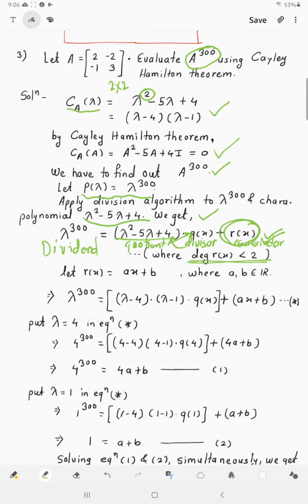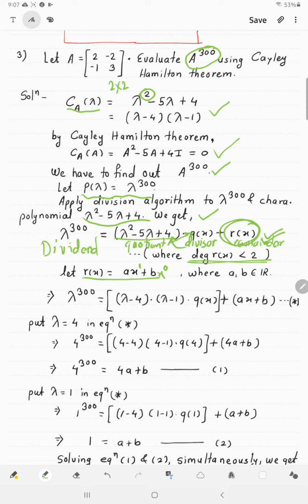As here the matrix is of 2 by 2 order, the degree of R of x is obviously less than 2. So in general I will let it be R of x equal to ax plus b. Here you can note that the degree is 1: x raised to 1 and x raised to 0.